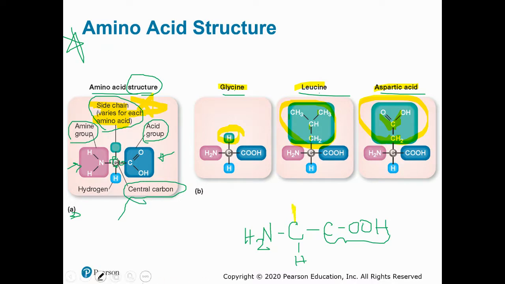So down here in the one that I'm drawing, usually the side chain is abbreviated as the letter R. So R equals side chain. R is the shorthand way to say side chain. So do understand basic amino acid structure.